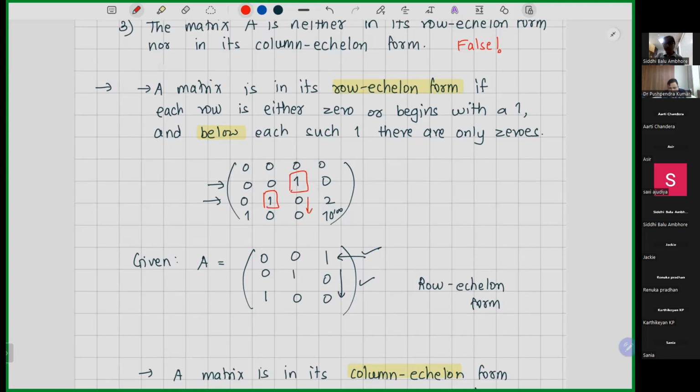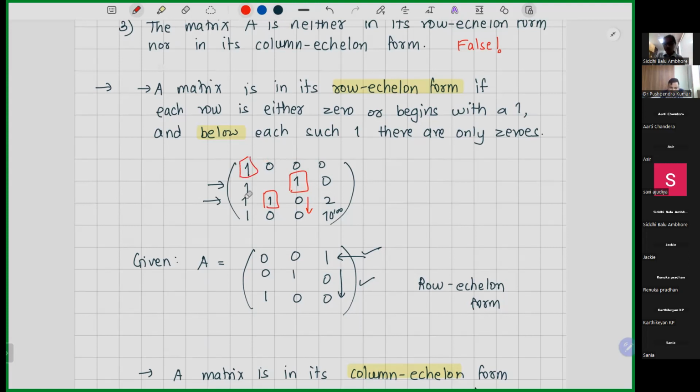I don't care what is here. Okay, I don't care what is below this one.